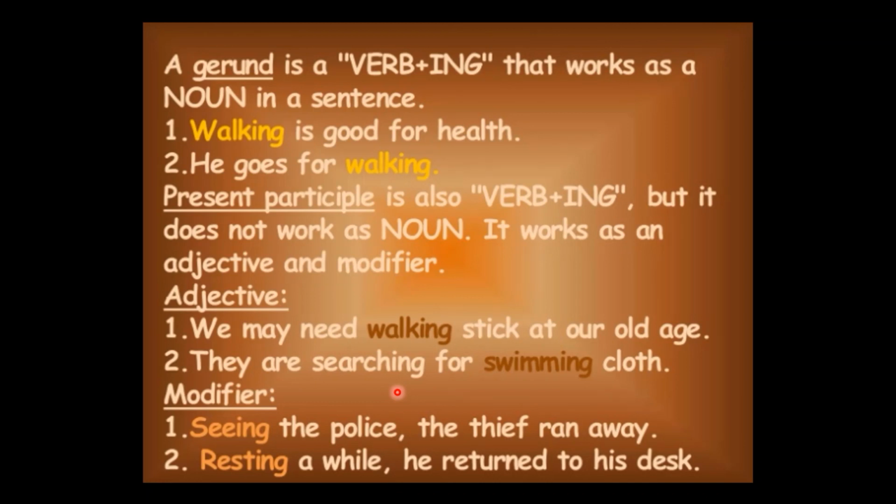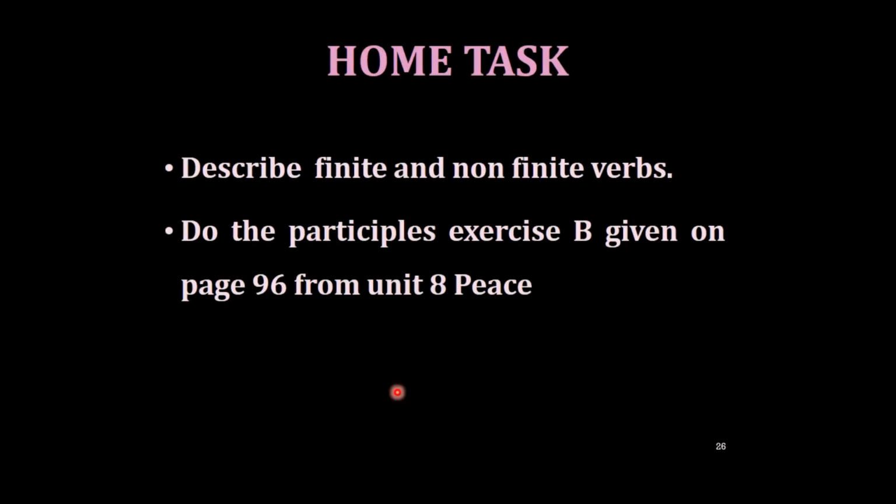So now you must have understood the basic differences between finite and non-finite verbs. Let's have a quick review of what we have learned. Finite verbs are bound and limited by their subject, number and tense, while non-finite verbs are not bound by their subject, tense and number, and they do not change their formation.